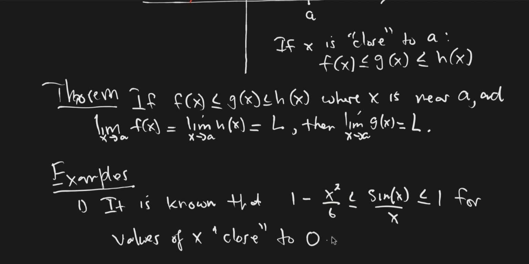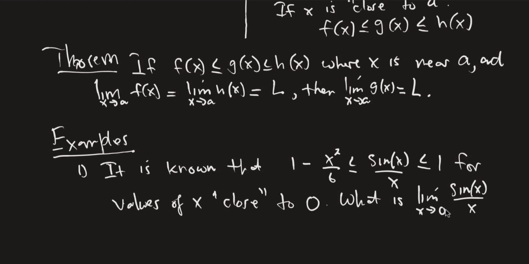So that's what is known, that's given to you. Here's the question: what is the limit as x approaches 0 of sine of x over x, right?